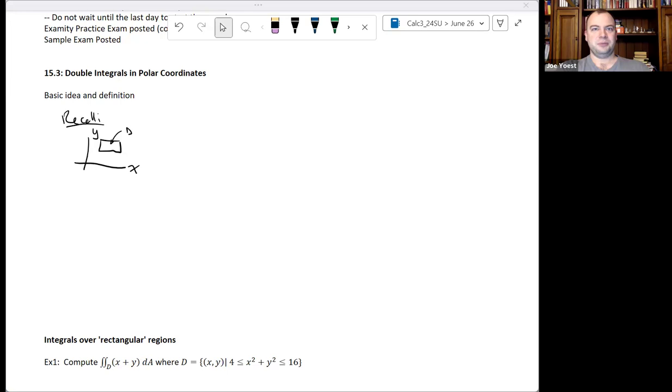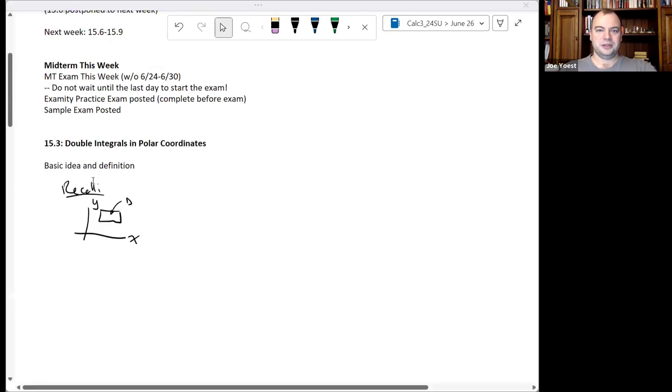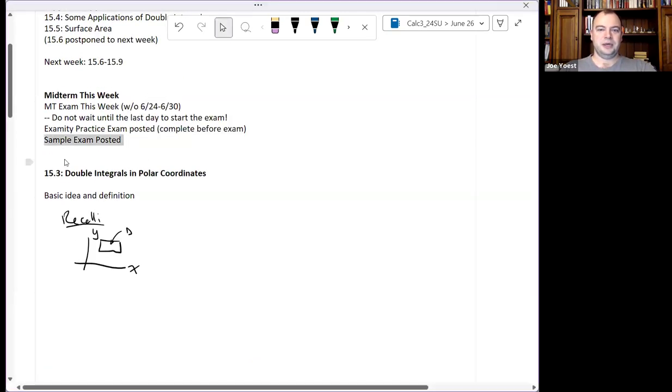So the Examity practice exam is to get you logged onto Examity, to get the browser extension installed, to make sure that you understand how to start a session on Examity, how to get the password entered from Examity into WebAssign, all of that kind of stuff to get the test up and running. That's what the Examity practice exam is for. The sample exam, which I know it's similarly named, the sample exam is what's like the midterm exam.